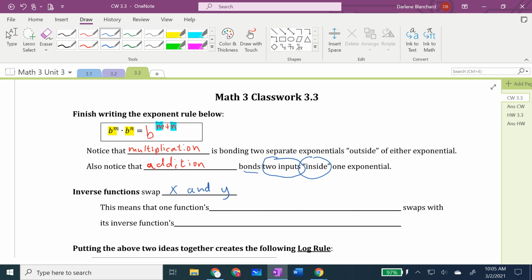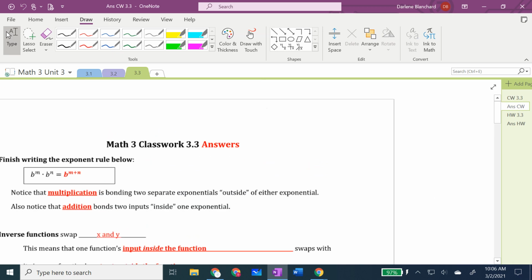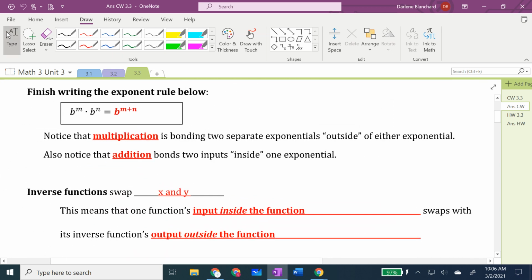So this means that one function's inside swaps with its function's outside. So to be overly clear, this means that one function's input inside the function swaps with its inverse function's output outside the function.